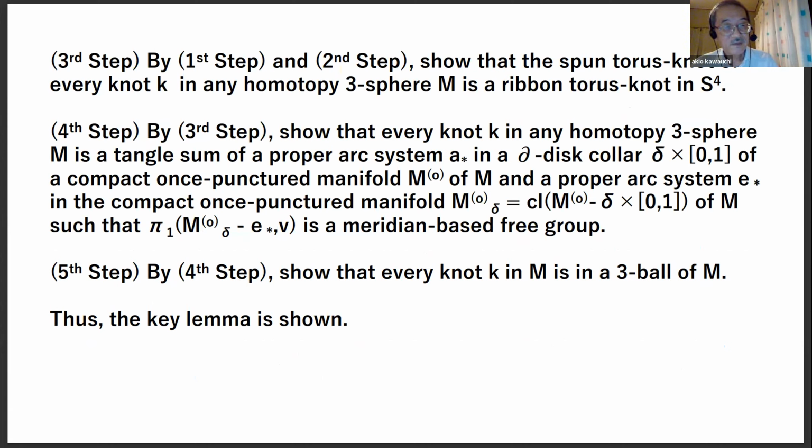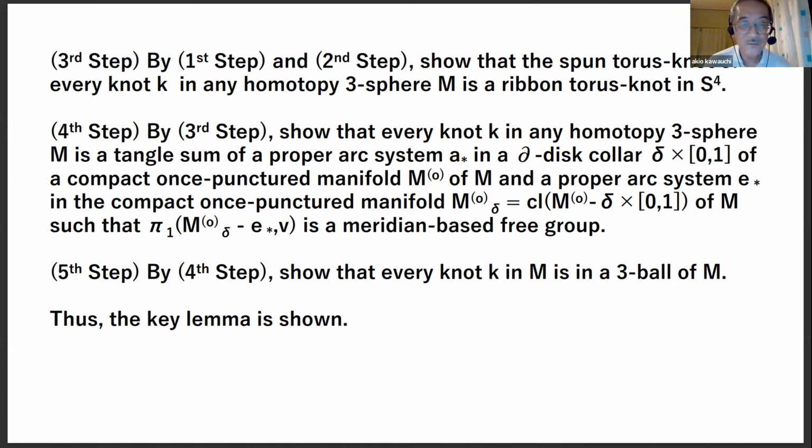The fourth step, by the third step, shows that every knot K in any homotopy 3-sphere M is a tangle sum of a proper arc system A star in a boundary disk delta cross interval of a compact once-punctured manifold M0 of M, and a proper arc system E star in M0 minus delta cross interval, that is, the closure of M0 minus delta cross interval, such that the fundamental group of E star is a meridian-based free group.